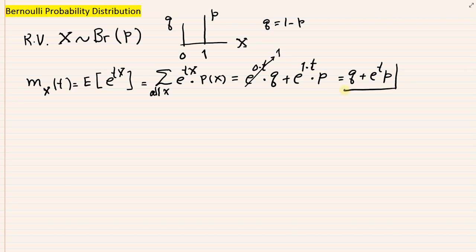You can also have an expression entirely in terms of P. Okay, so that's the moment generating function.